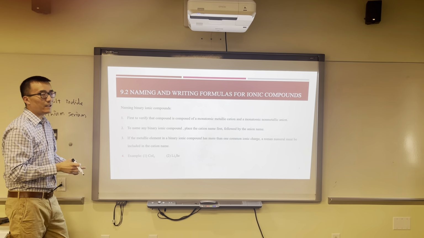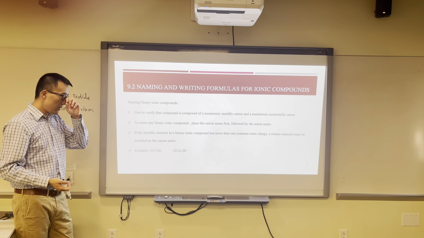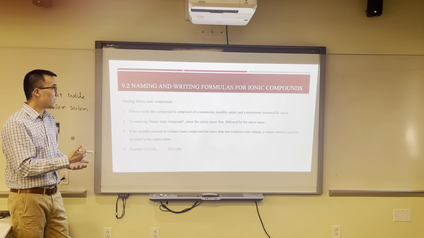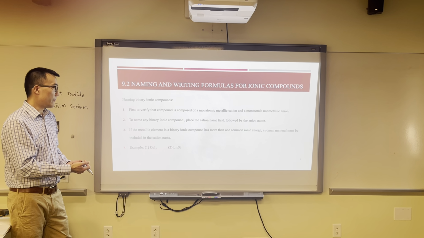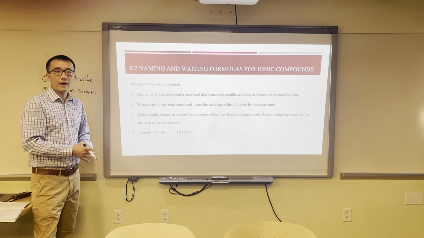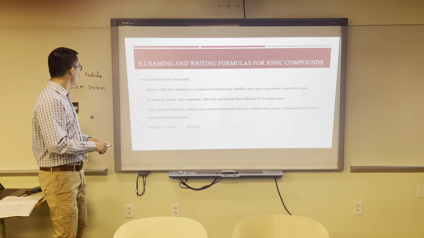That is a very straightforward example. These two examples are pretty straightforward. What I want to mention here is to always put the metal name at the beginning and the non-metal right after that. And we will show you the example for iron in the next couple of slides.